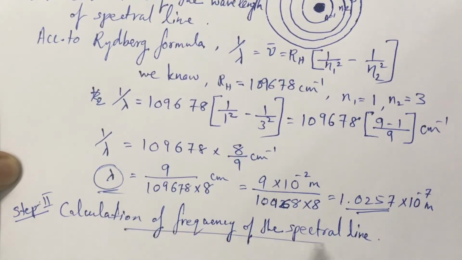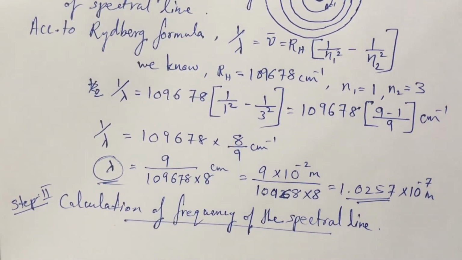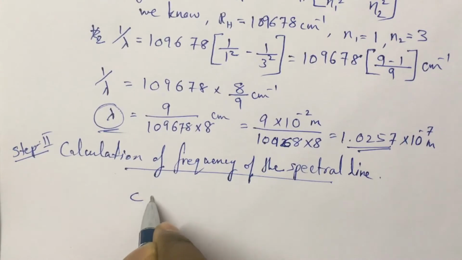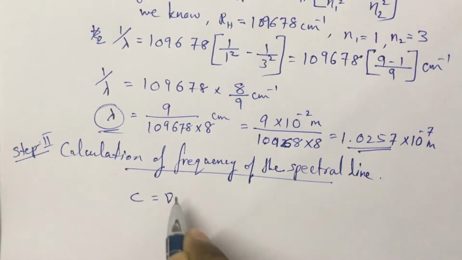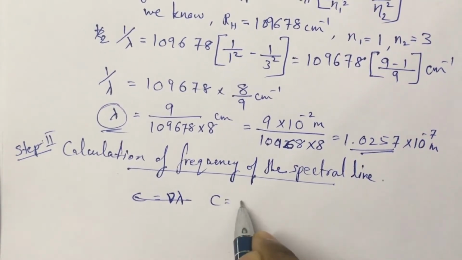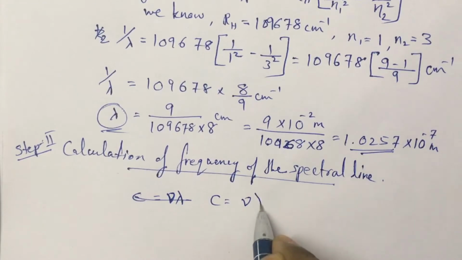For that we have a formula, C is equal to nu lambda. Write once again, C is equal to nu lambda.